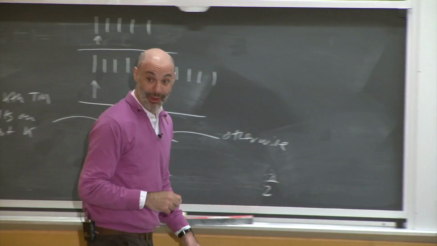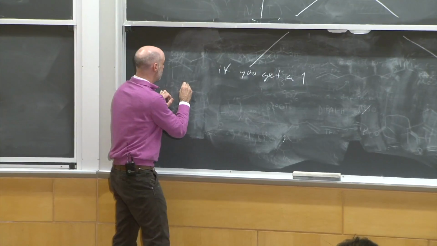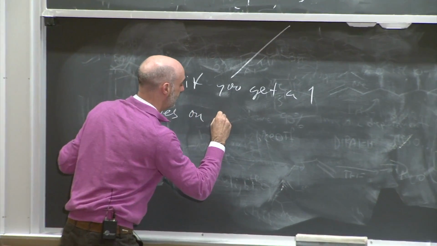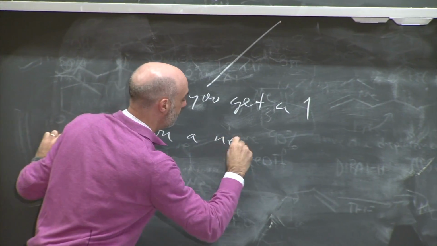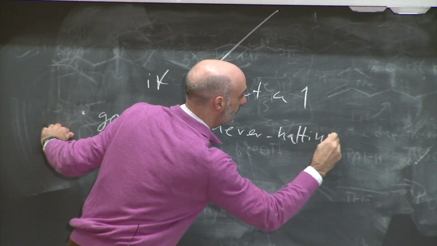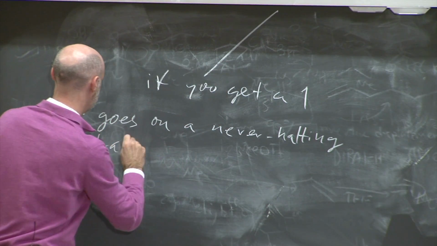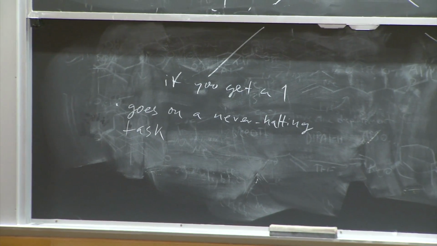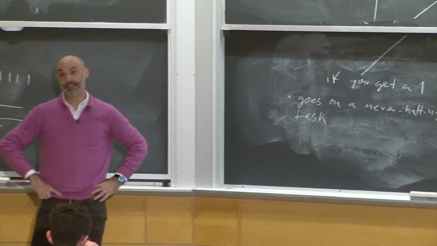OK, and now comes the evil part. If you get a 1, then what our machine does is it goes on a never halting task. So for example, it just goes right forever. And we know how to do that too.